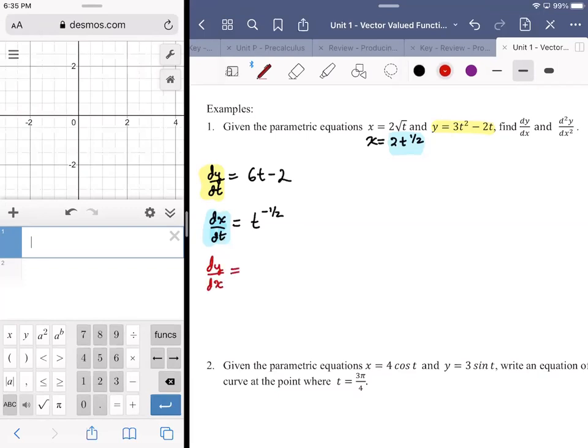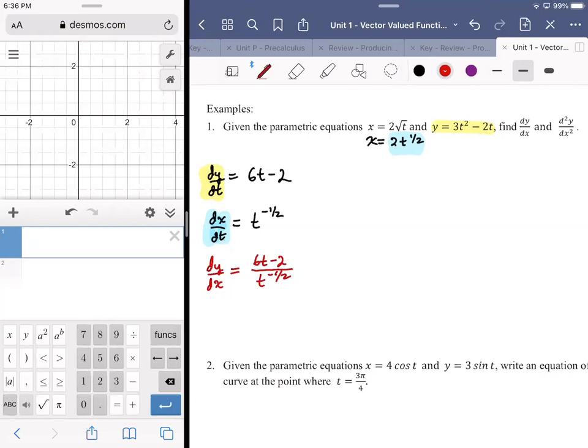All right. Now, dy/dx, that's going to be not too bad now, because all we have to do is take our dy/dt, 6t minus 2, and put it over the t to the -1/2, and that's our dy/dx. Now, because I have to do something else with this, it might be a good idea to simplify it a little bit.